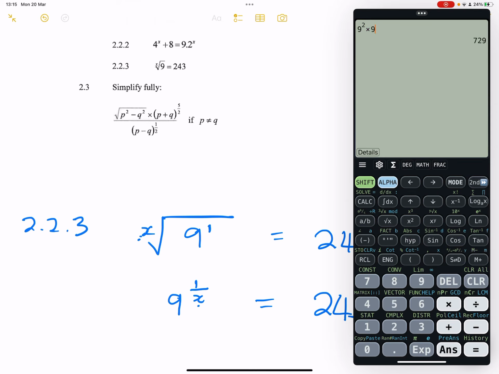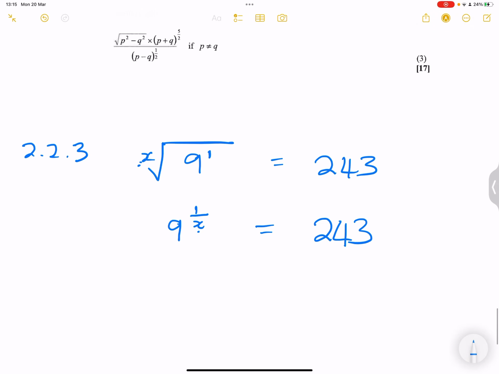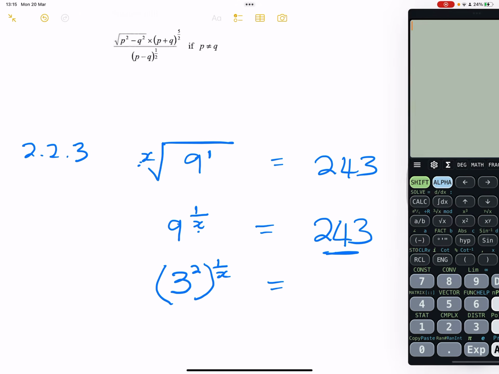But if we said times 9, you see, 9 cubed would not work. So what we can do is express this as a prime factor. I'm going to say this is 3 squared raised to the power 1 over x. What can we express in terms of 3?